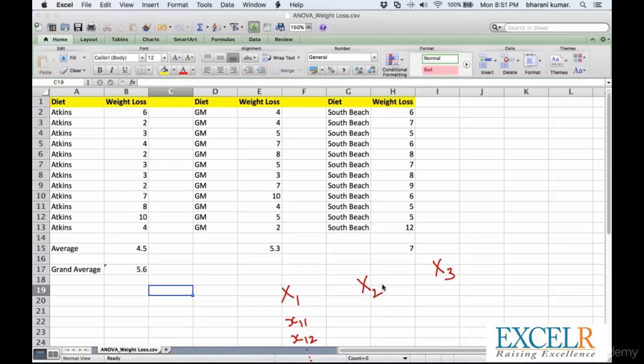Alright, so I can represent this in this way. Xij, wherein i is equal to the group and j is equal to the person.